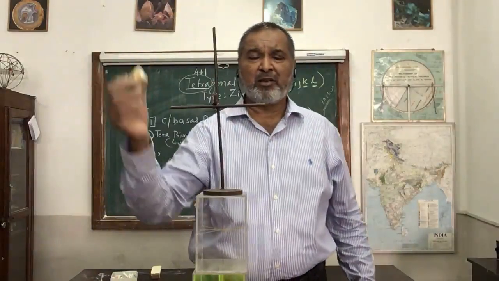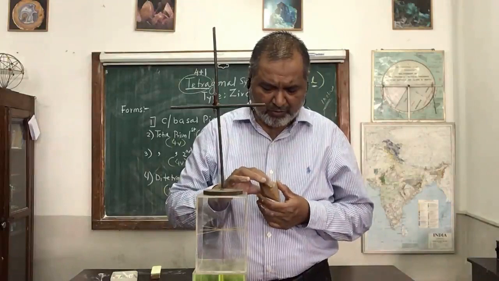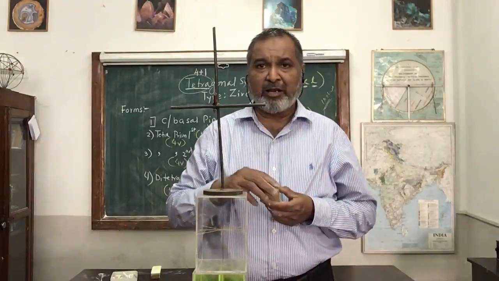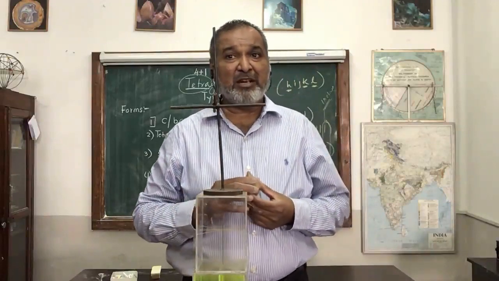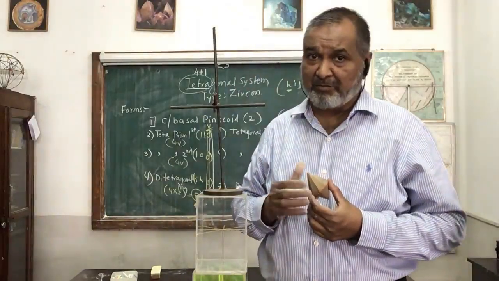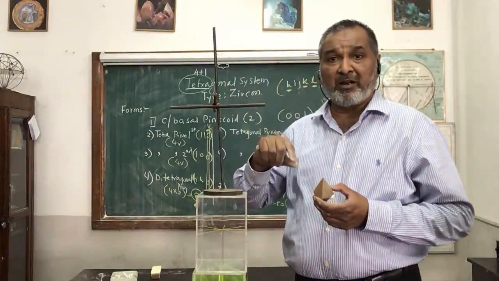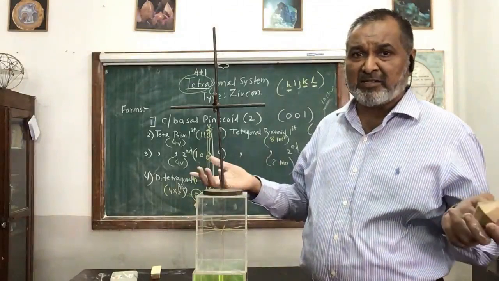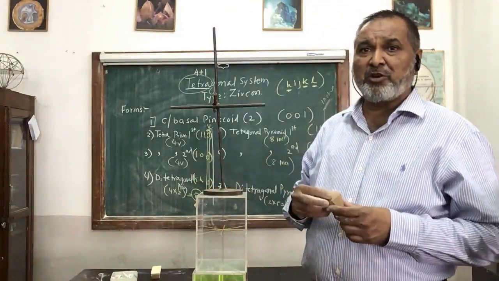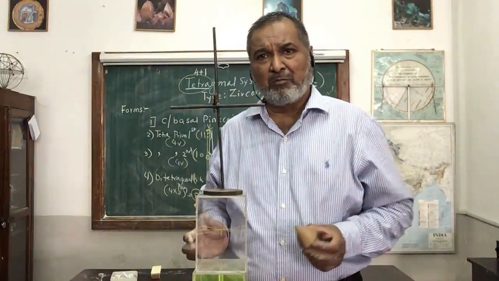Yes, 205. Here you can directly count 1, 2, 3, 4, 5, 6, 7, 8: 8 on the top, 8 on the bottom, meaning the double number. The pyramid contains 4 inclined faces, but here it is double. So ditetragonal pyramid, HKL. That is the simplest one, as all 3 axes are cut. This is the way you have to practice. 7 models are there.